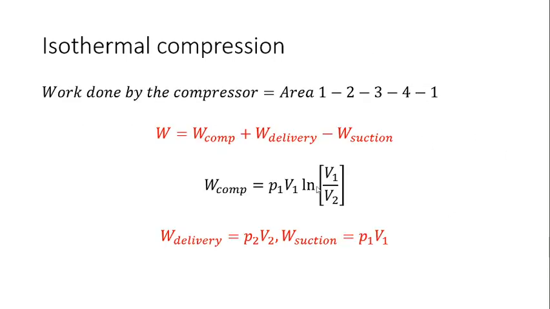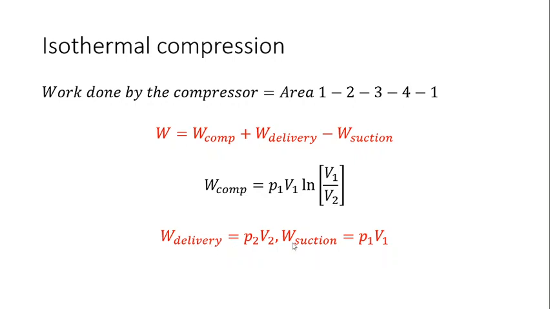Now we know that the work done is the area bounded by that curve, which is equal to compression work, plus delivery work, minus suction work. And since the compression process is isothermal, the isothermal work done is equal to P1 V1 ln of V1 by V2.